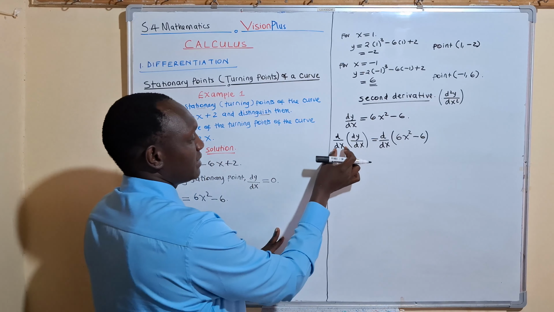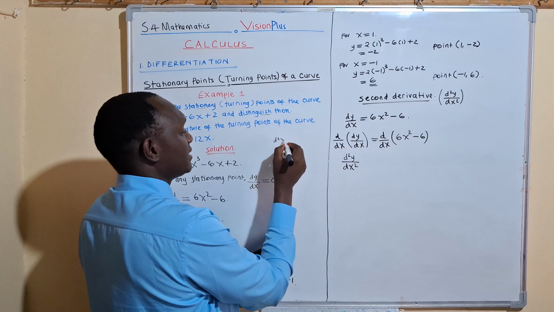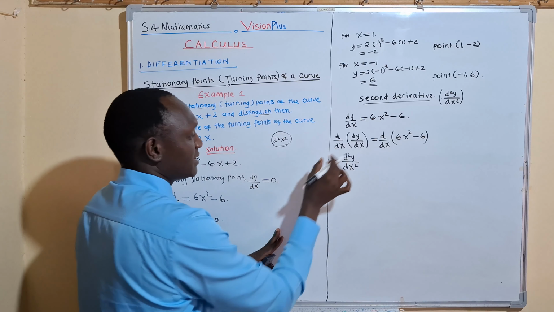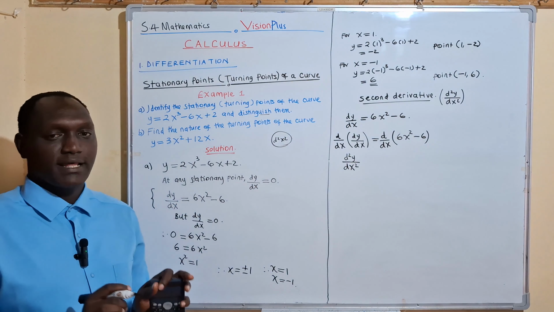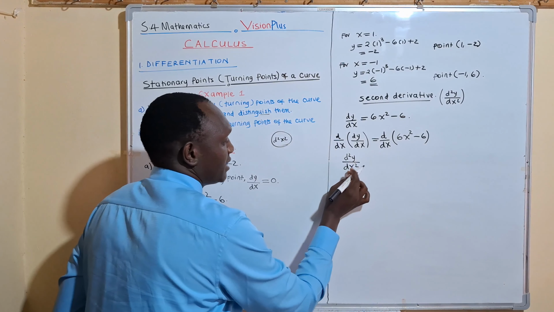Don't think that dx times dx becomes d²x². No. dx is a single term, so dx times dx means dx², and this square is for that single term.